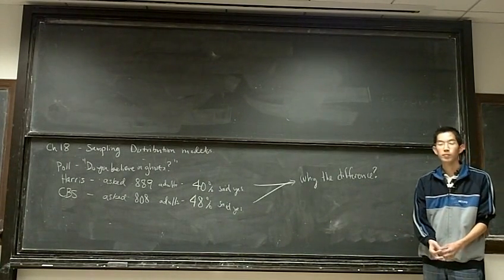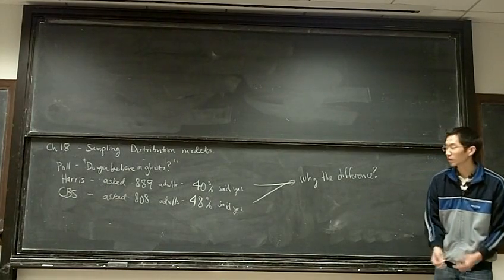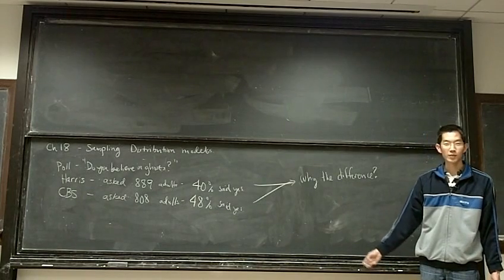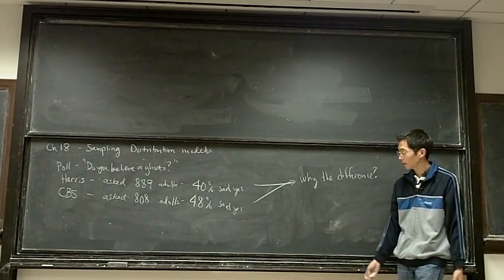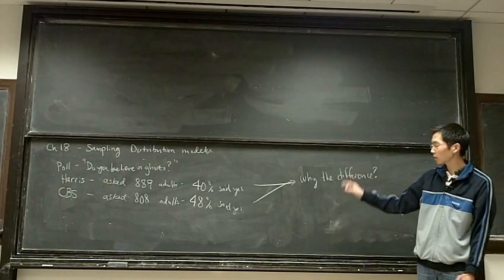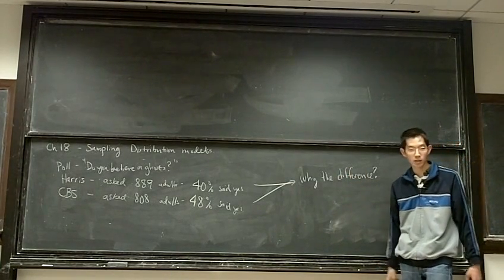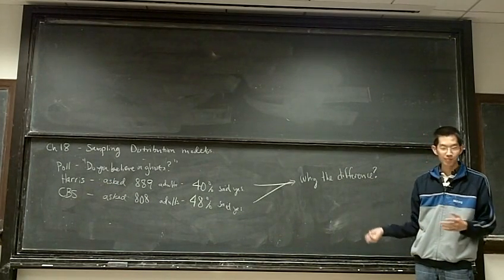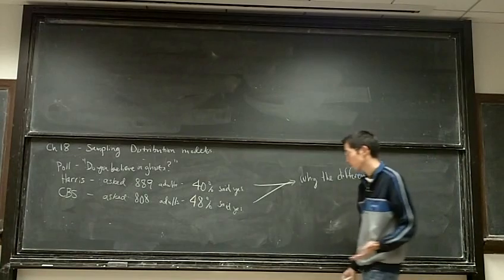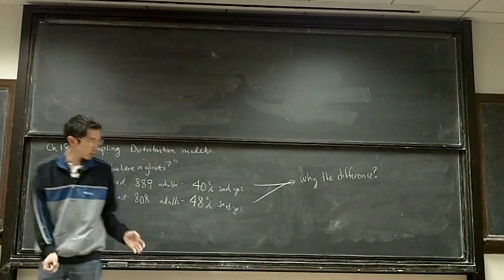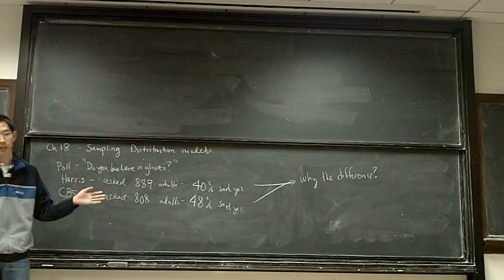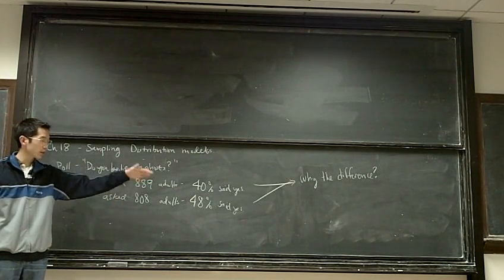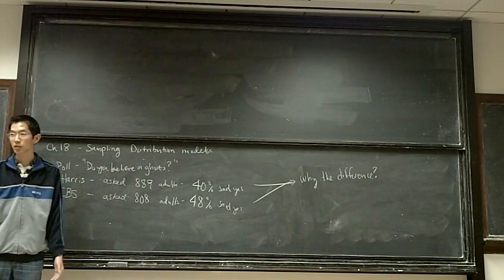So we're not going to worry about bias, because that'll just mess up the idea here. So let's say both of these samples were unbiased. We just randomly picked them. So why does one group say 40% and the other poll says 48%?